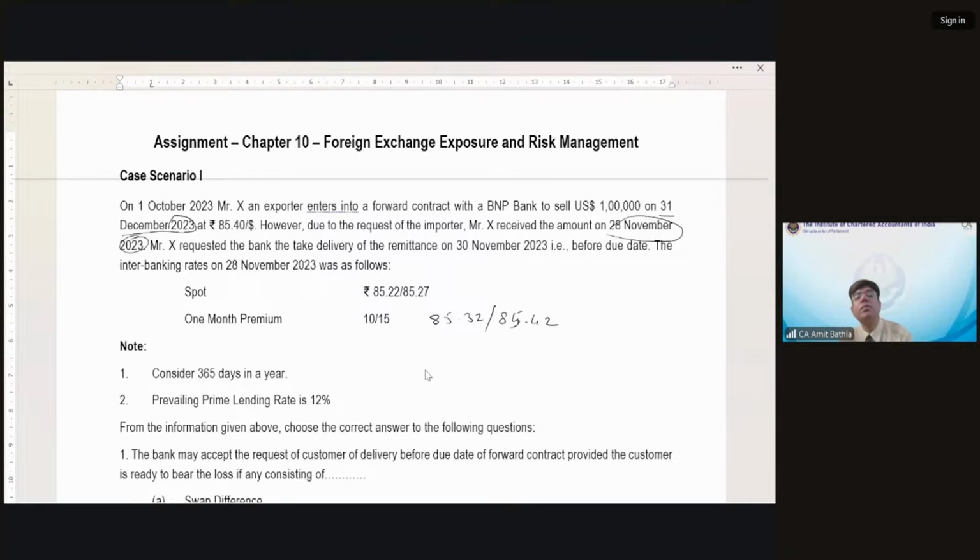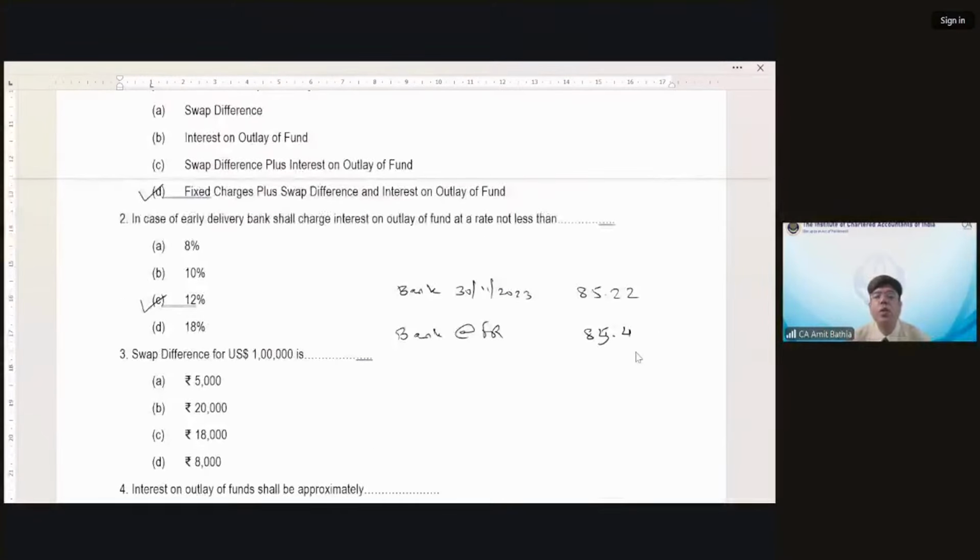Try and understand this. They are giving you the money today. One month down the line, had the bank received this money, they would have bought it from you at 85.32 and sold it at 85.42. Now, what is the loss?